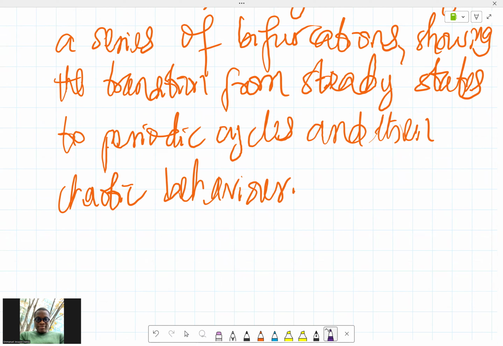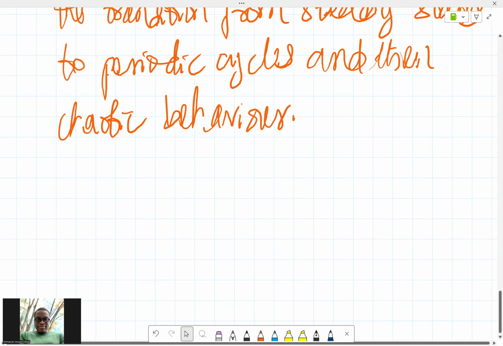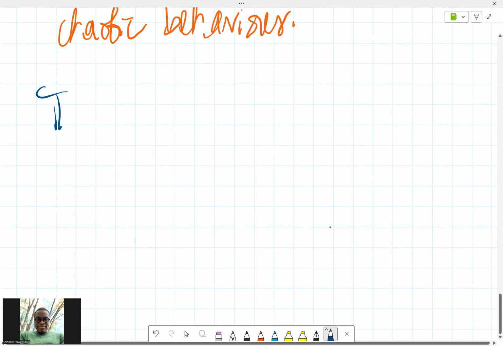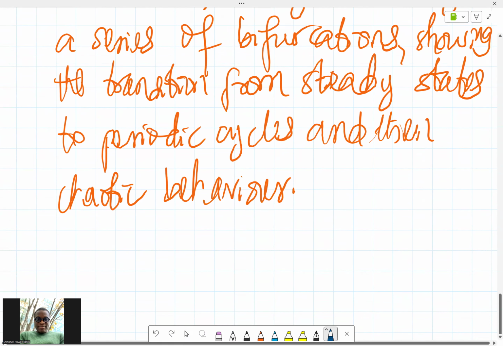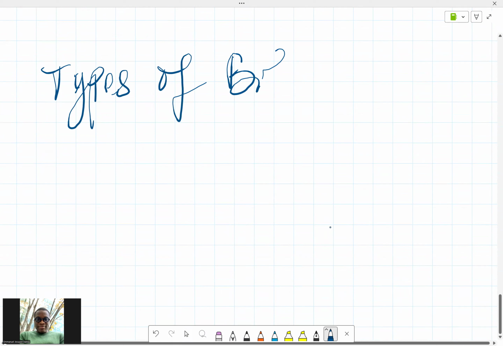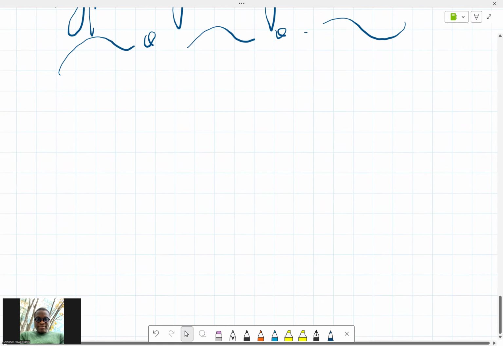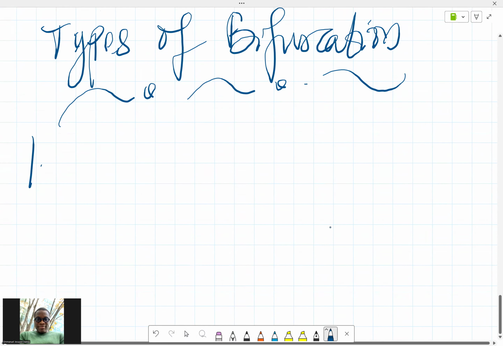Okay, so now we switch over to talk about types of bifurcation. First of all, we have what we call the saddle node bifurcation.